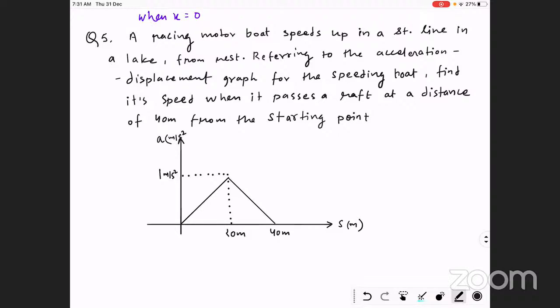Okay, referring to the acceleration displacement graph for the speeding boat, find speed when it passes a raft at a distance 40 meter from the starting point. तो यार अभी क्या करूं मैं? इनिशियल वेलोसिटी तो 0 है। Any idea?